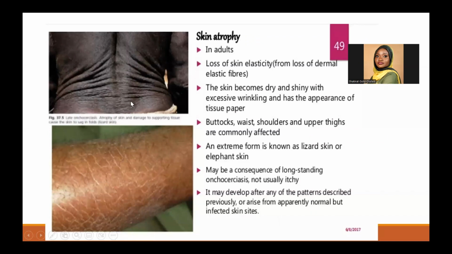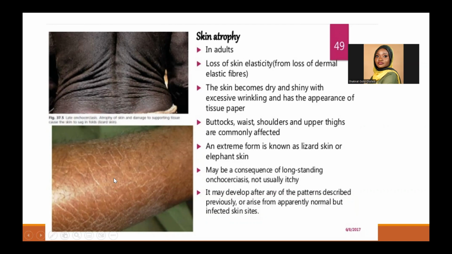Now for here, you can look at how the skin has become atrophied. There's loss of skin elasticity, and the skin becomes shiny and weak, almost like tissue paper, as they usually say, and it's called lizard skin. Or it can become extremely thick and look like the skin of an elephant.